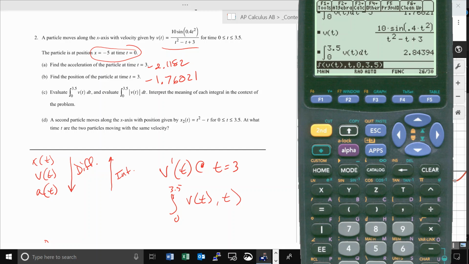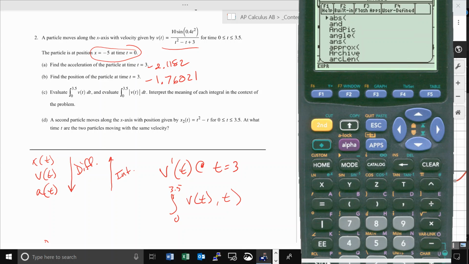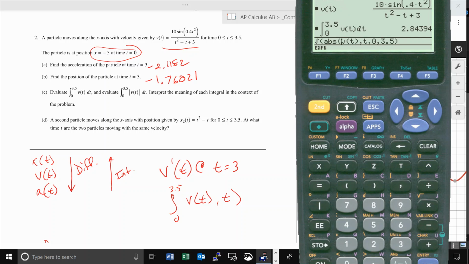Now, I'm going to go into catalog and do absolute value. If you go into catalog, there's a function called ABS. I'm going to copy that in and put another parenthesis in. ABS is absolute value of that.